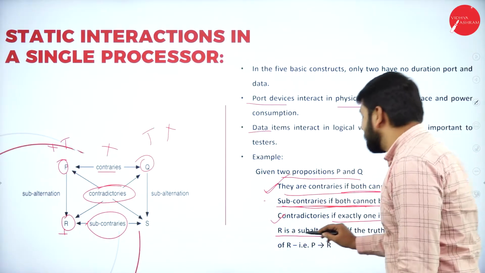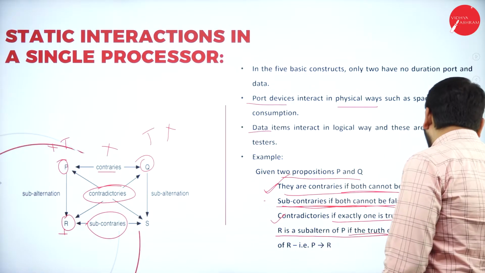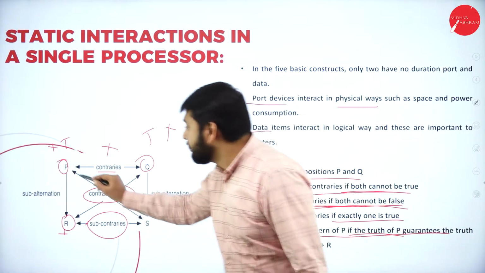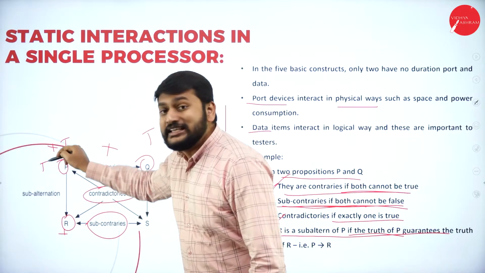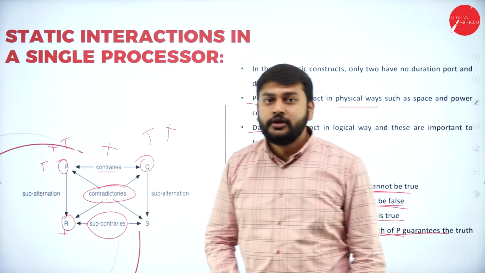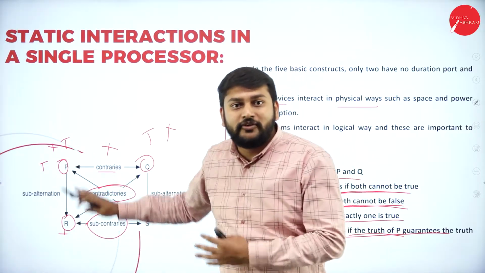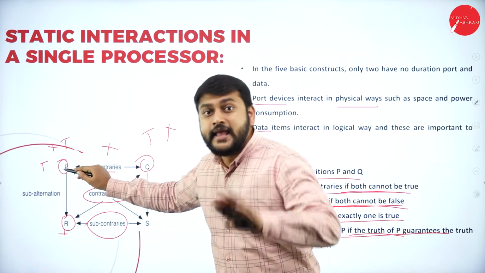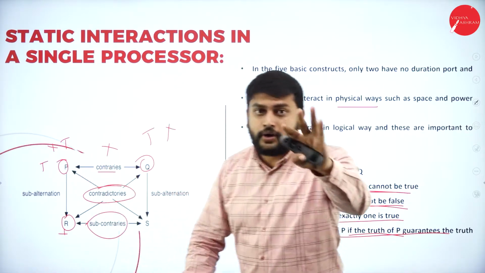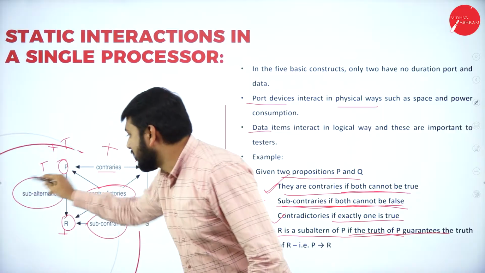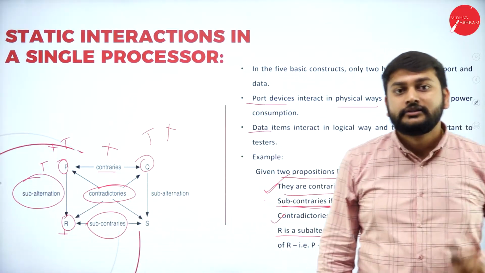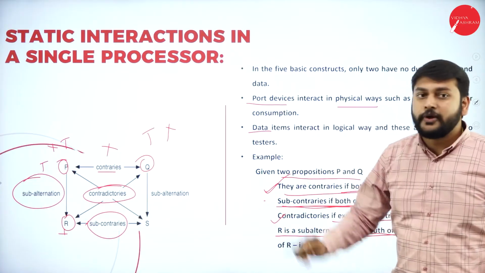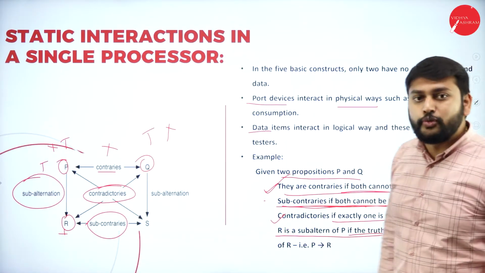Yes, R is a subaltern of P. If the truth of P, whatever I have here, is guaranteed by R, only then I will call this a subaltern. This is what you need to remember with respect to the static interaction in a single processor.